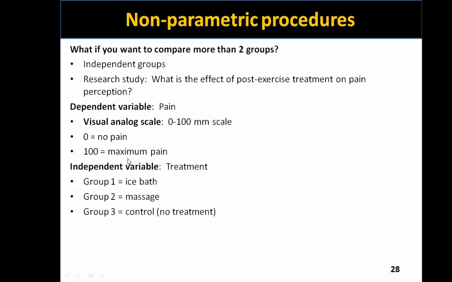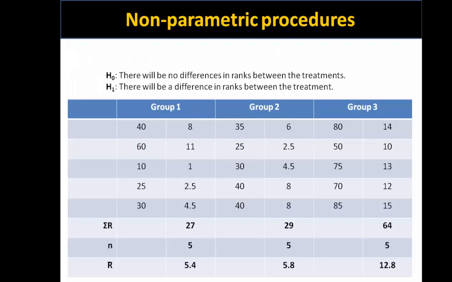If you notice the nature of this design, with our main outcome being pain and 3 levels of one independent variable, this is the non-parametric counterpart to the parametric analysis of variance approach, where we have 3 independent groups measured on the same outcome.